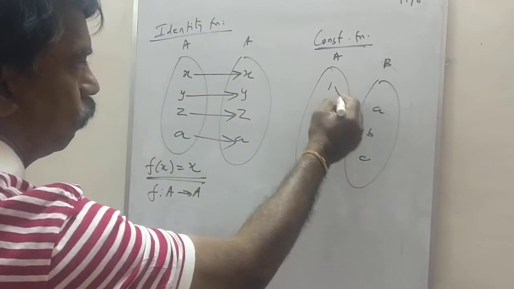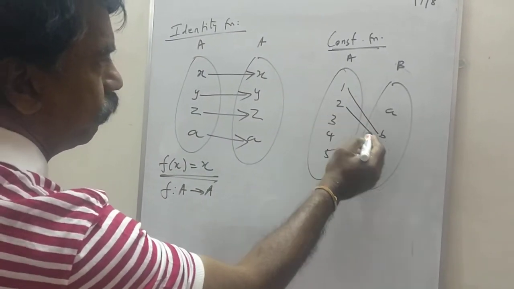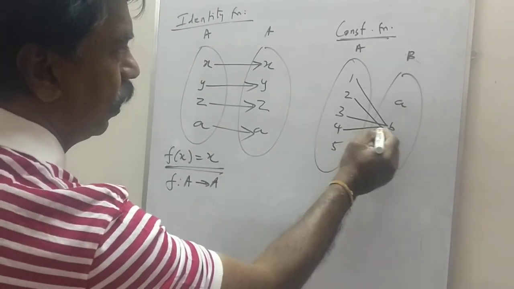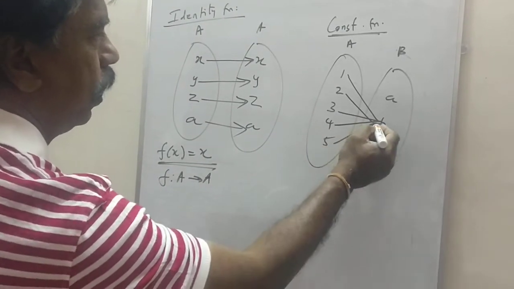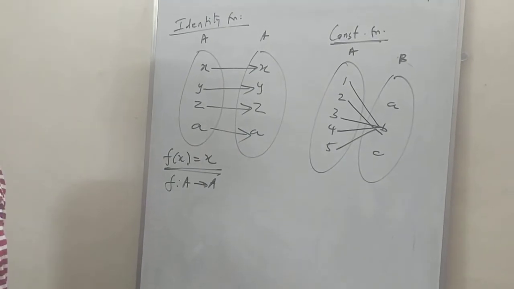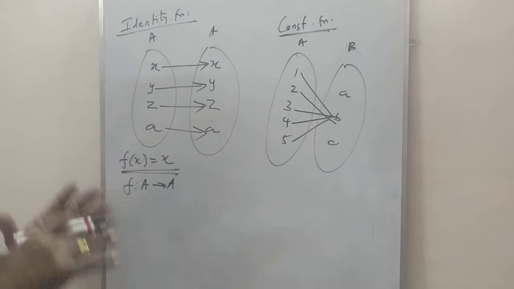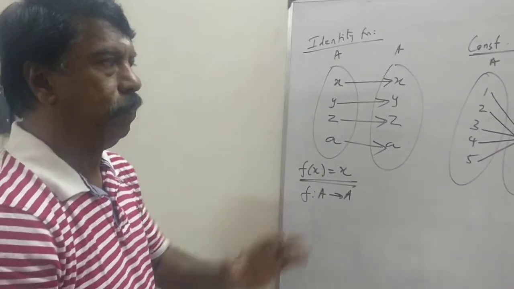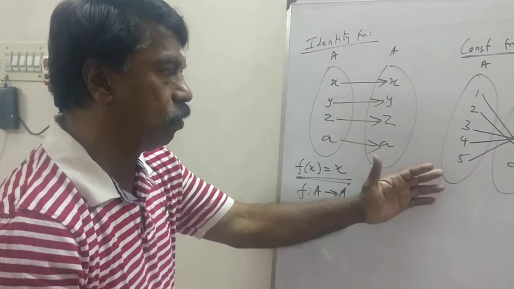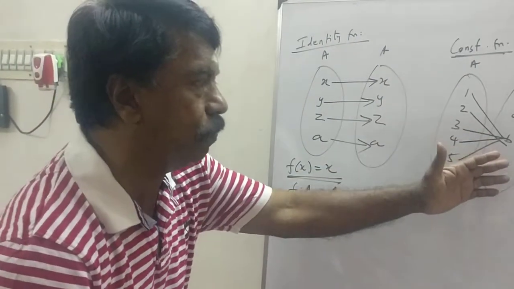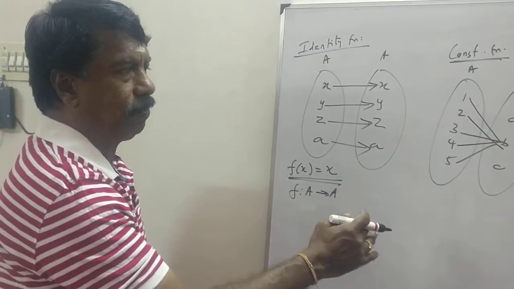Suppose image of 1 is B, image of 2 is also B, image of 3 is also B, image of 4 is also B, and image of 5 is also B. That is, for all the elements, the image is the same. Image of 1 is B, and also image of 5 is B, and image of all the elements is the same B. So constant function.